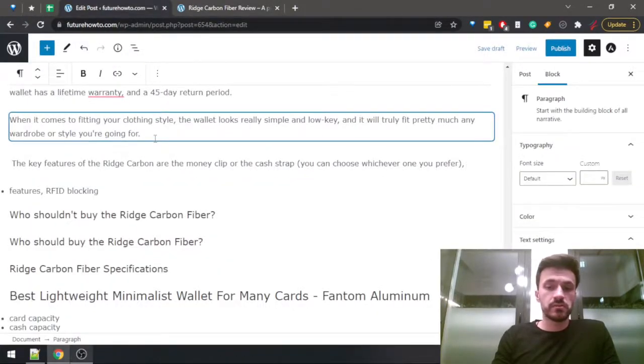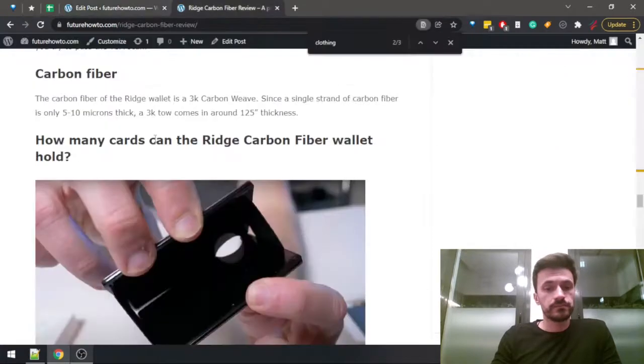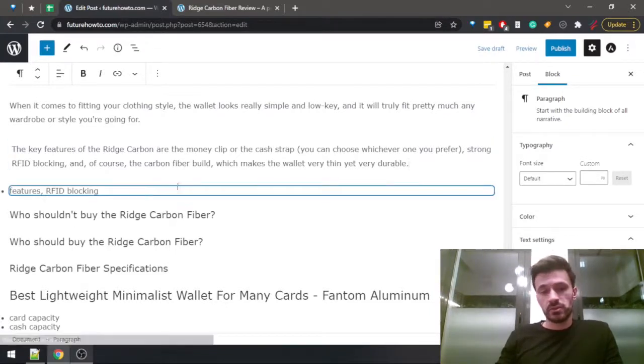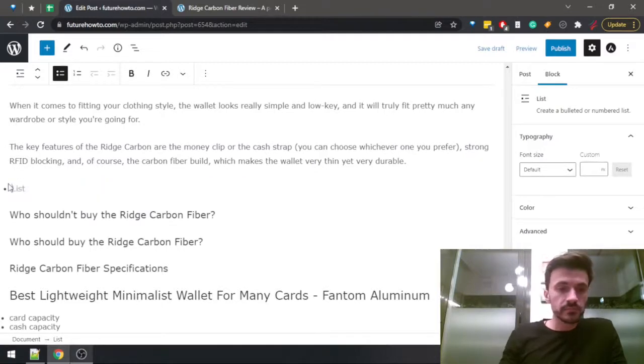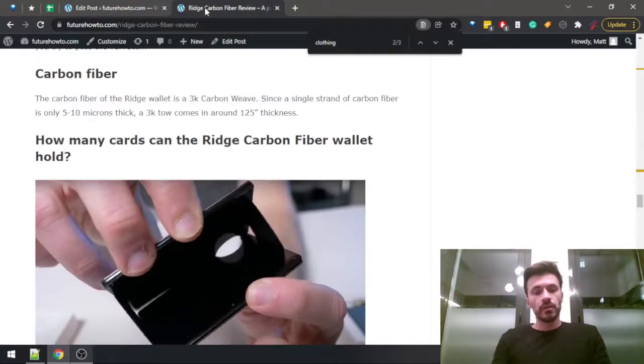Strong RFID blocking, and of course the carbon fiber build, which makes the wallet very thin yet very durable. Okay, we kind of mentioned this again, so yeah, there we go. Not really a big deal.